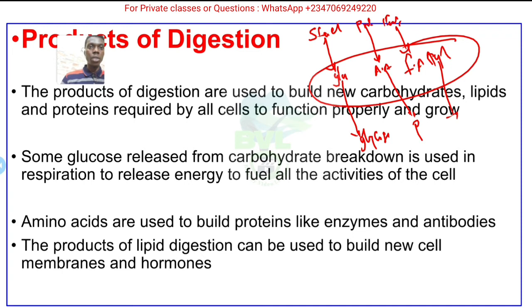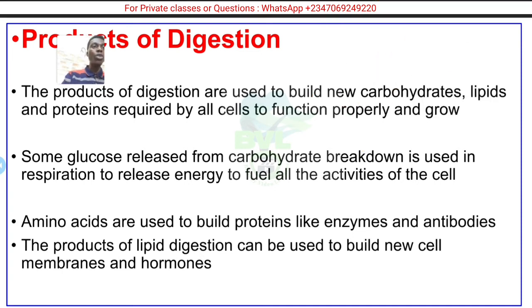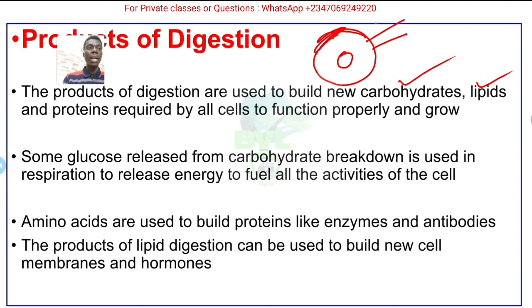Let's read this together. The products of digestion are used to do what? Build up new carbohydrates, glycogen, lipids, and protein required by the cells to function properly. Can I submit this to you? The cell you have, like a normal cell, the cell membrane contains protein, carbohydrates, and lipids for real.